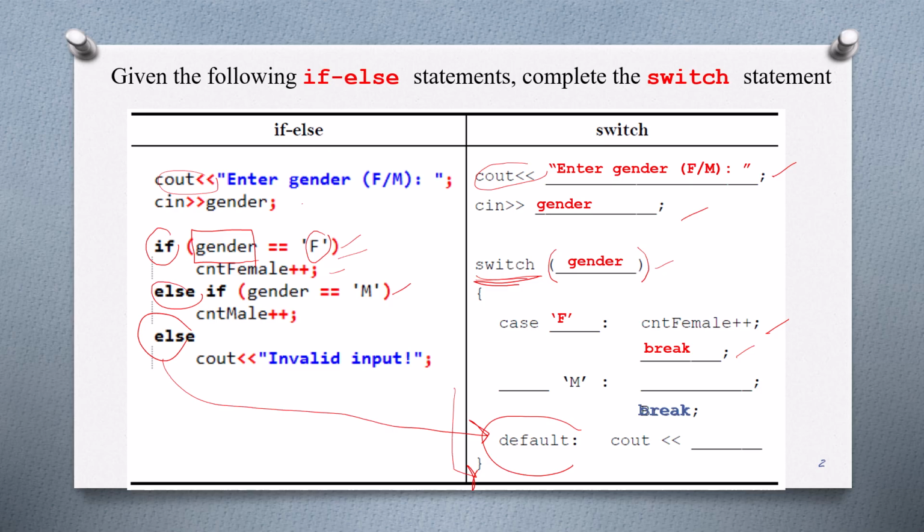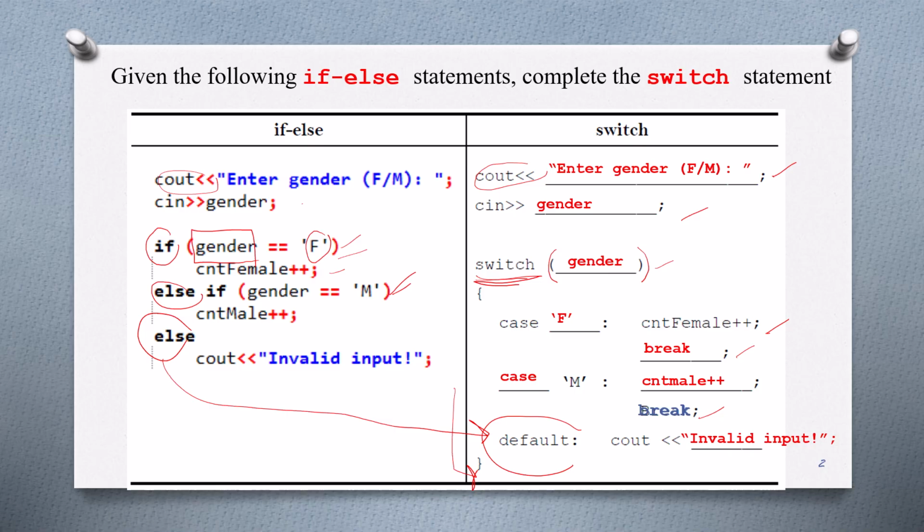So next one, what are the case values that gender will be evaluated against? Gender is equal to m, so the next case is case m. If gender is m, then you want to increase the counter for male, countMale plus plus, and then you have the break statement here.